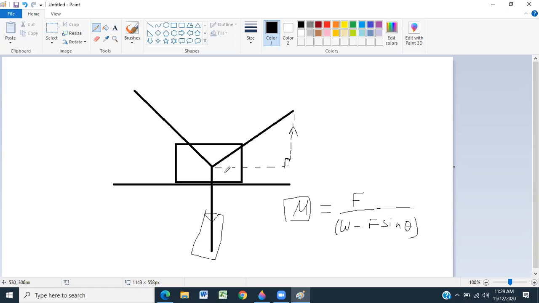But the regular equation, mu equals F over W, wouldn't hold anymore, because F is a completely different thing and W is a completely different thing because of how these vectors work out.